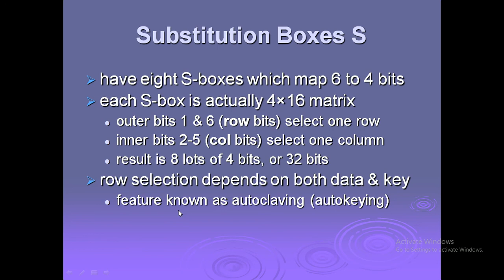The outer bits, the first and 6th bits, are called row bits and select one row from the 4 by 16 matrix, and the inner bits, the second to 5th bits, are called column bits and select one column of the matrix. The result is 8 lots of 4 bits, or a total of 32 bits. The row selection depends on both data and key, a feature known as autoclaving or auto keying.